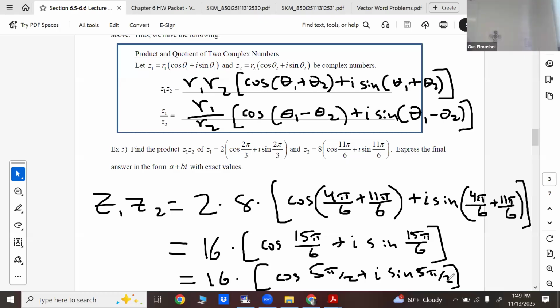Right? They're both divided by 3? I think so. I don't know, I could be wrong. Cosine 5 pi over 2 I know is 0. That is 1. That's just 69. It's that simple.